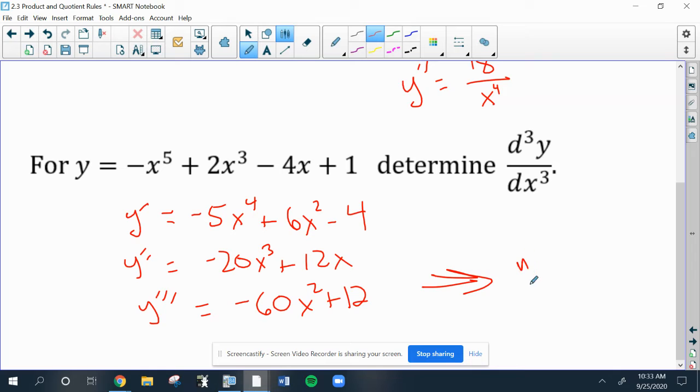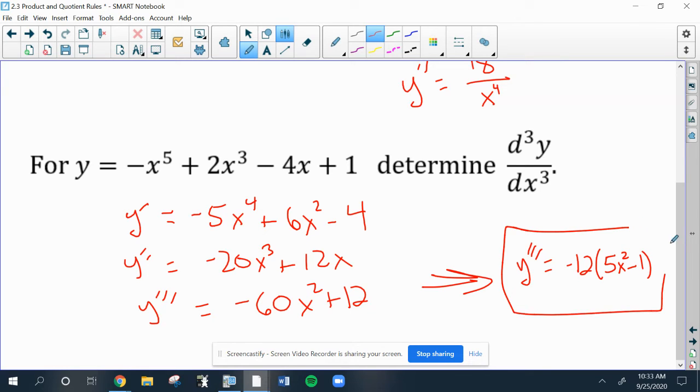I'm going to simplify because I can factor out negative 12. And there's the third derivative of that function. Simple.